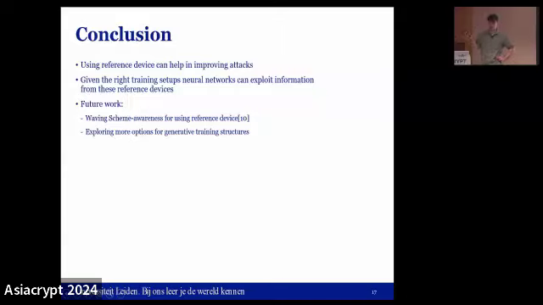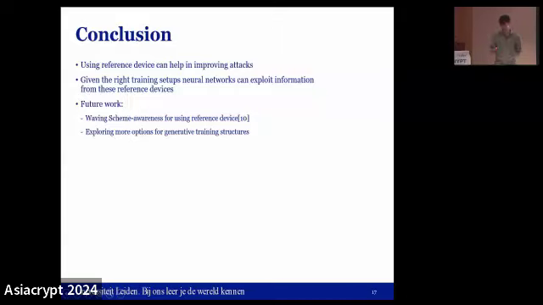We can still distill the leakage information that is happening on the reference device, and emulate it without knowing precisely what countermeasures are on the target device. And we plan to explore more options in generative training structures that can help.